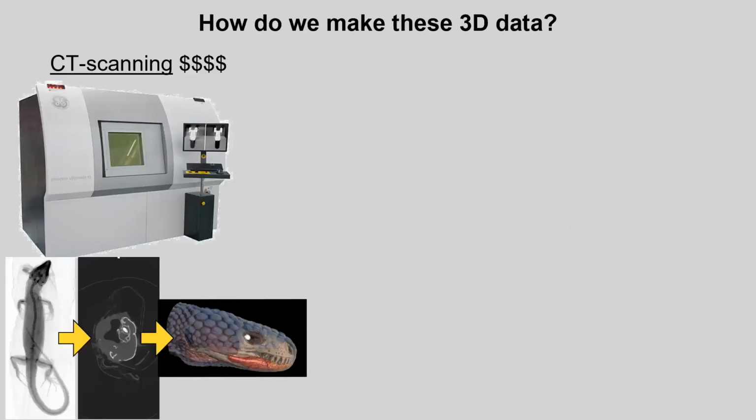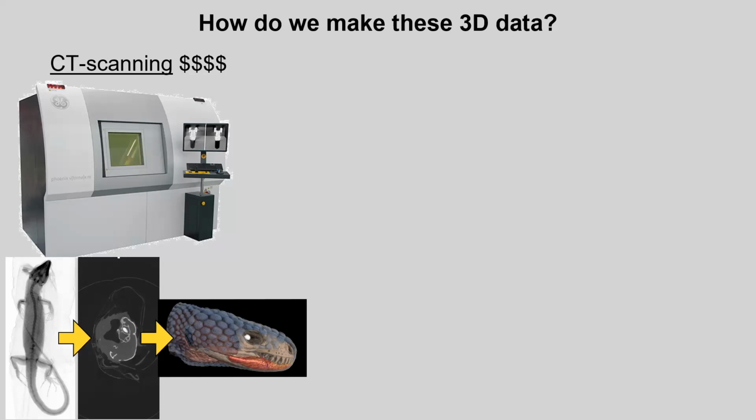So just to show you how we make these different types of data. One of them is a CT scanner. At the University of Florida's nanoscale research facility, which is part of the College of Engineering, we actually have two CT scanners now. One is for extremely high resolution. I think Ed showed you lice or fleas last week. That's really his workhorse for these extremely tiny things.